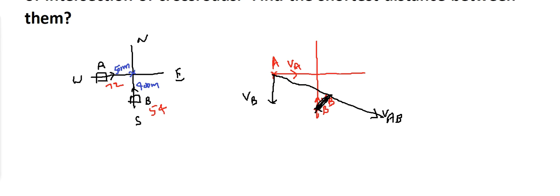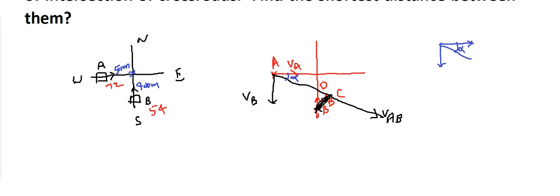Suppose I consider this point as some C and this intersection point as B. So what is the angle made by this resultant with east-west? If I call this alpha, here we have VA this side, VB this side, and this is my alpha.